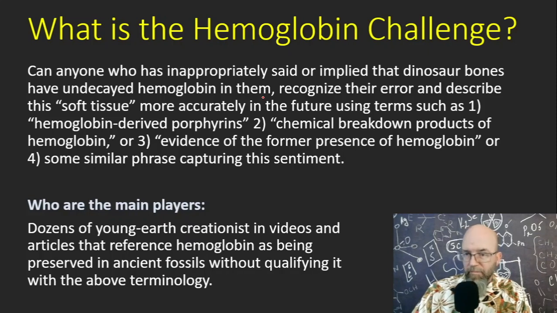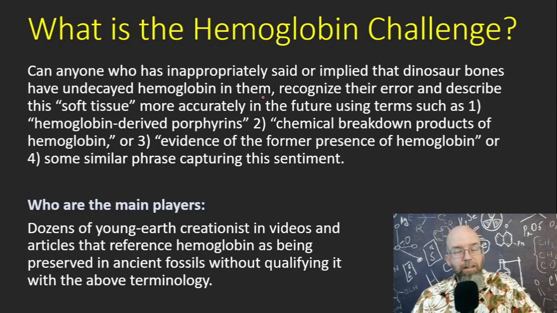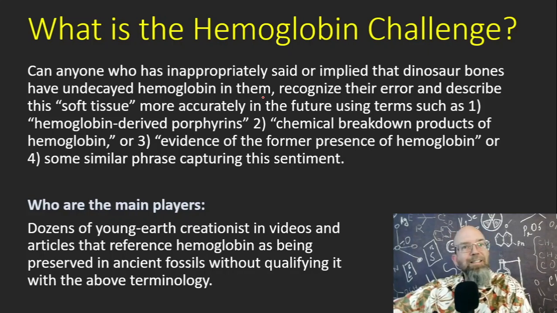Or maybe more simply, evidence of the former presence of hemoglobin. All right, just admit that what we find in these dinosaur bones is evidence of the former existence of hemoglobin at this particular location. Now, that's not so snazzy, and I recognize that's not going to go a long way to making it sound like a really strong argument for young Earth creationism, right?